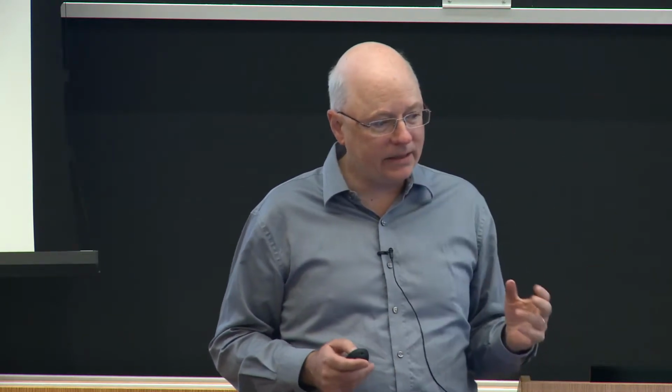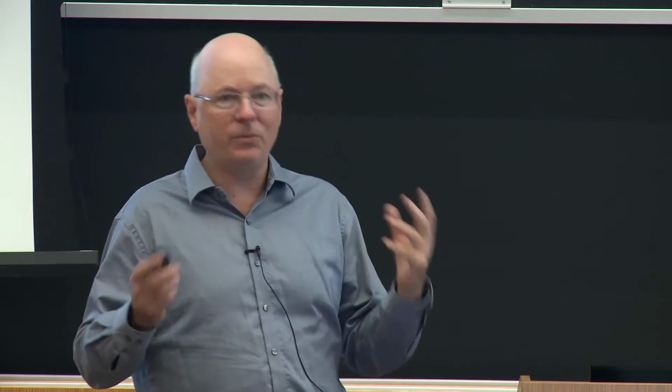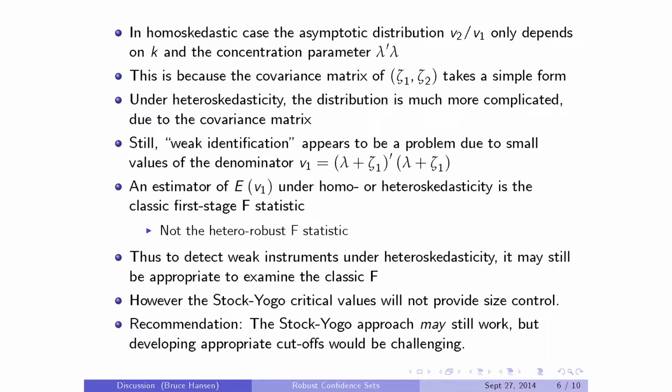So in the homoskedastic case, what Stock and Yogo show, and this is why they're able to get a very clean result, is that the asymptotic distribution of this ratio of the numerator to the denominator only depends upon k and the concentration parameter lambda prime lambda. So even though lambda is a vector, lambda prime lambda is all that matters. Really cool result. But under heteroskedasticity, that seems not to be the case.